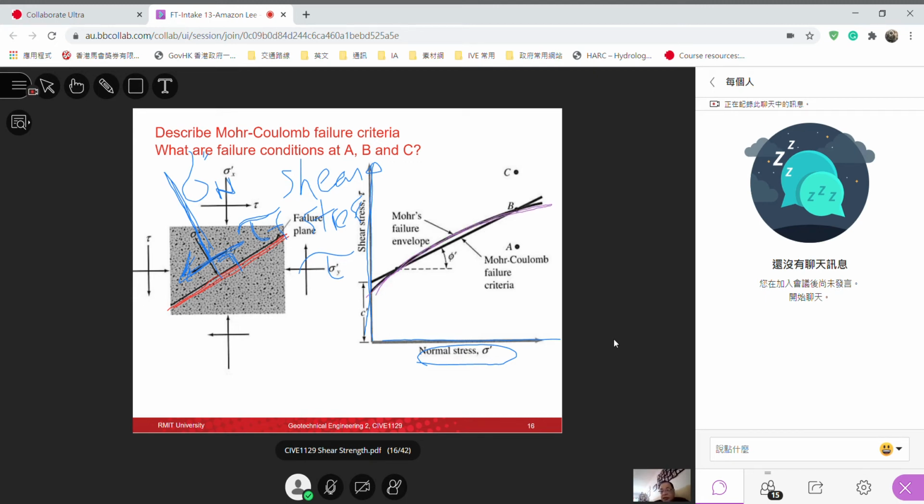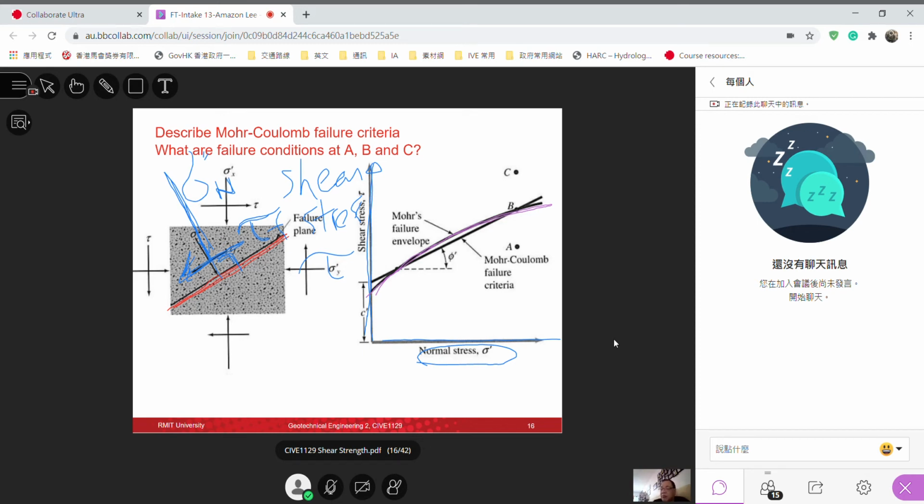But a nonlinear line is difficult to put into a mathematical model, so the mathematical expression becomes very complicated.